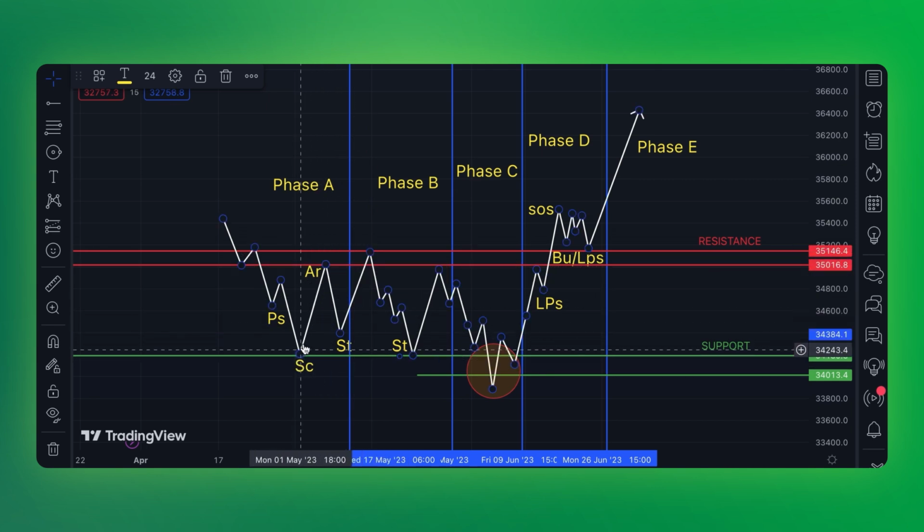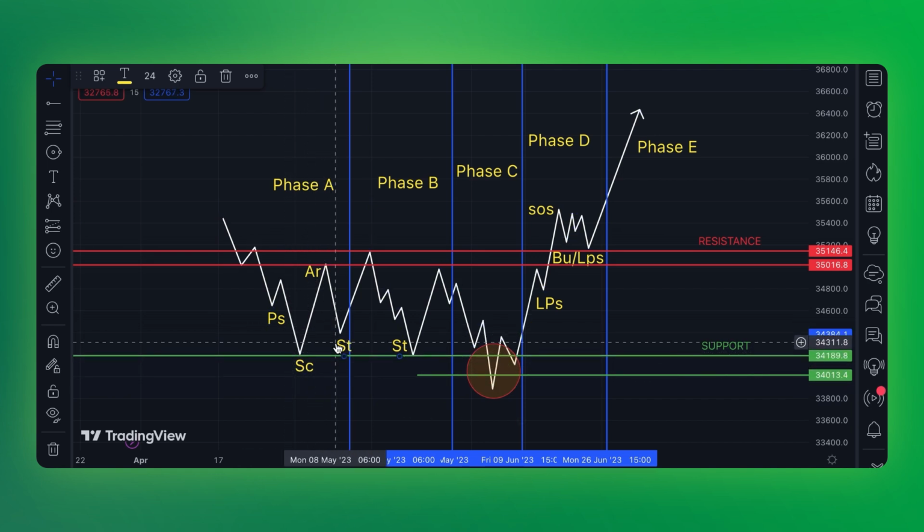Now, it doesn't have to be this sharp move up, and as we jump into the live chart, you're going to see it's not as perfect as you see on this drawing. Now, after the automatic rally, we have what is known as a secondary test, or an ST, where price revisits the area of the selling climax right here, just to make sure that the bottom is confirmed right around these areas.